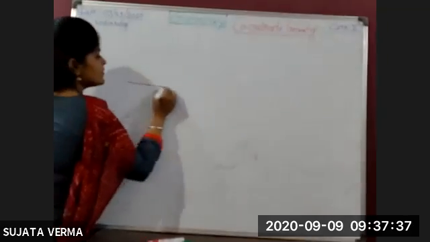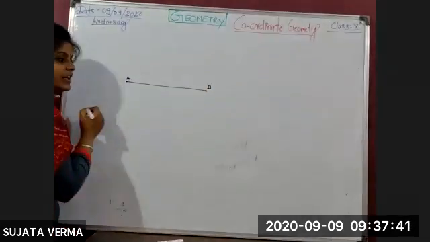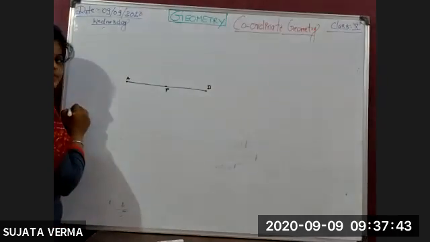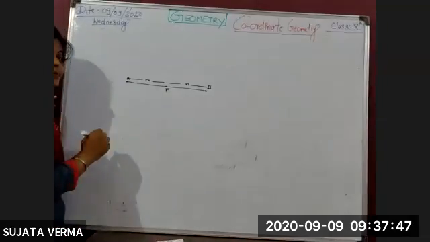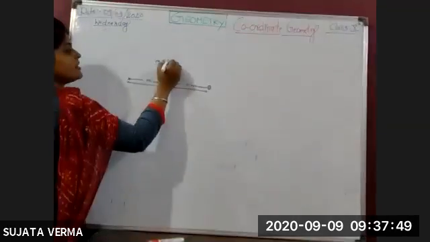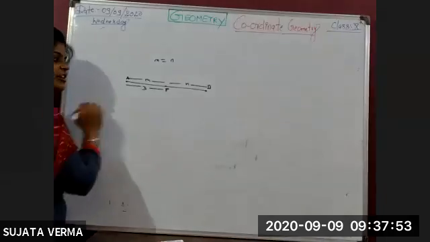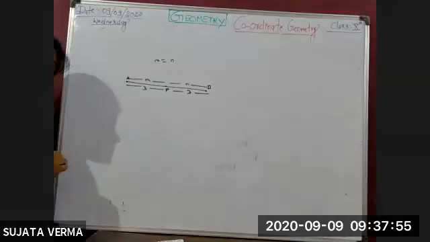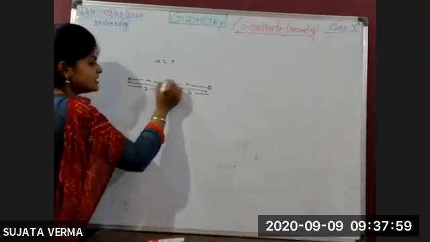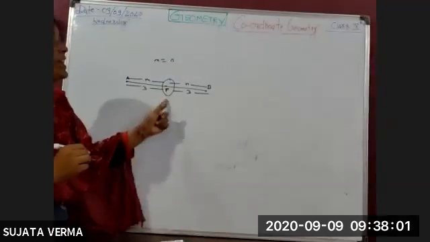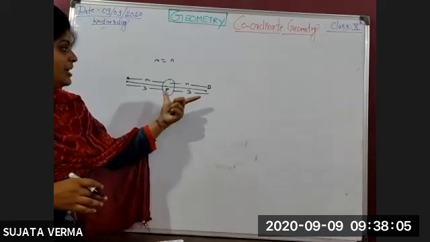Suppose this one is the line segment AB and here is the point P, with ratio M and N. But we say M is equal to N. Then if this distance is equal to 3 and this distance is equal to 3, in that condition we say that P is the midpoint of the line segment AB.